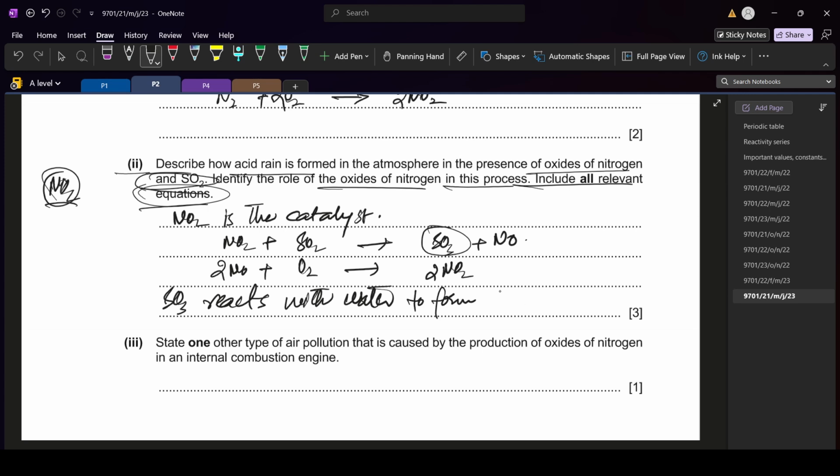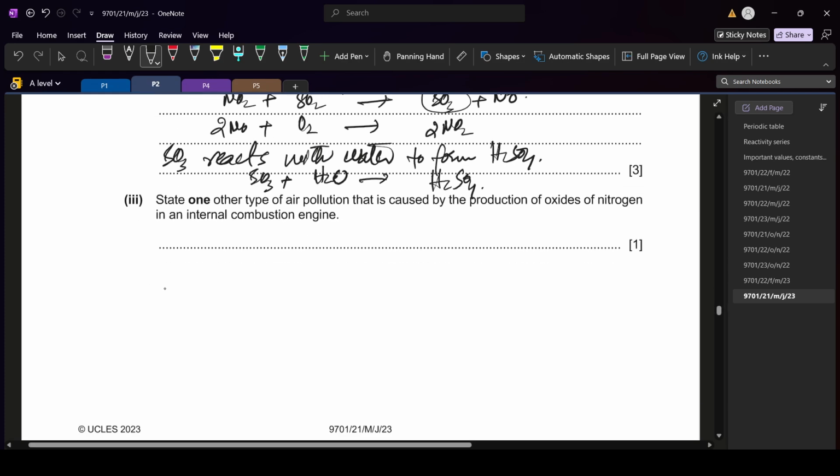So that's how this acid rain is formed, to form H2SO4. Or you can also write the equation for this reaction, which is sulfur trioxide reacts with water to form sulfuric acid. You have learned this equation in the contact process as well.